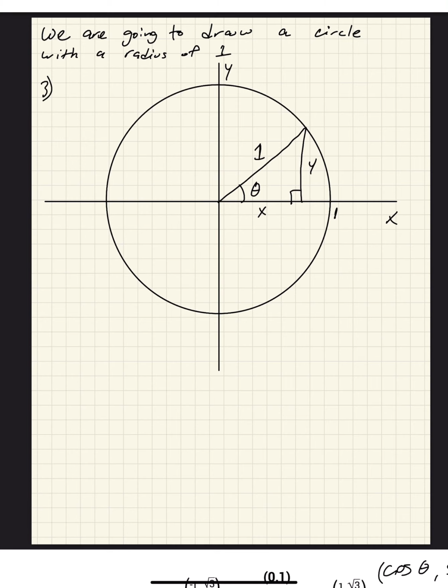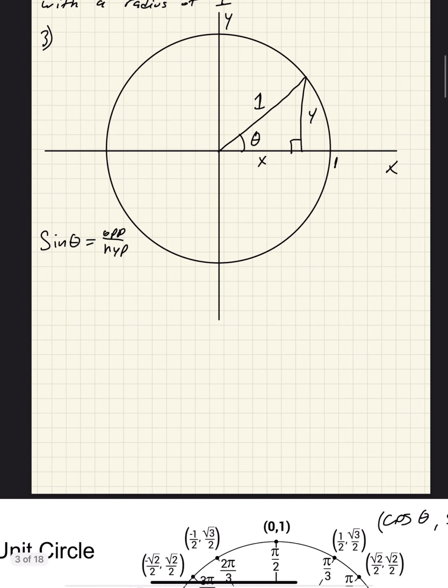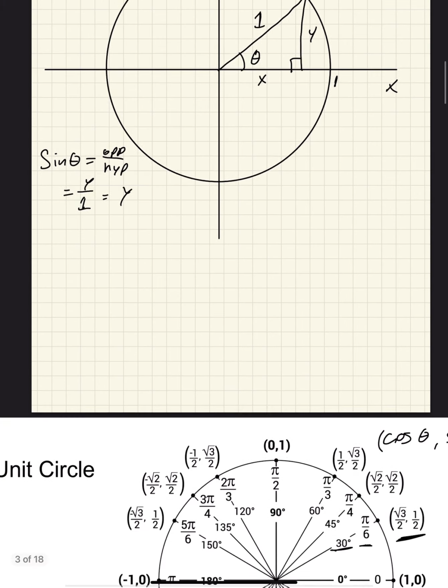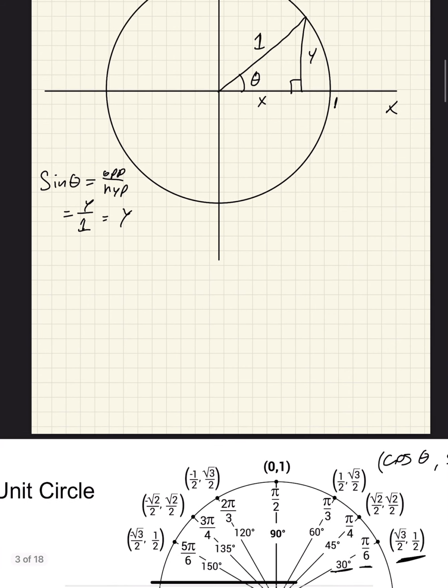We should remember from geometry that sine of an angle theta is equal to the opposite over the hypotenuse. And in this case, our opposite here is y, and our hypotenuse is 1. Therefore, we know that sine theta is just equal to the height of the triangle.